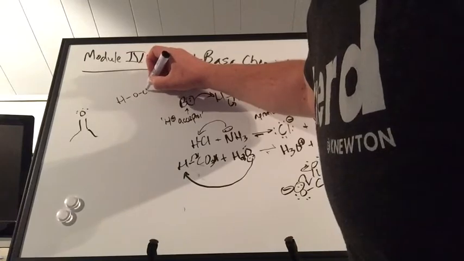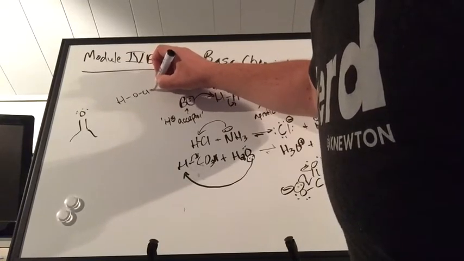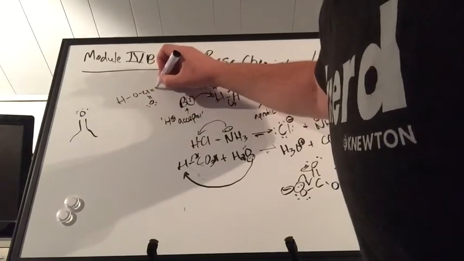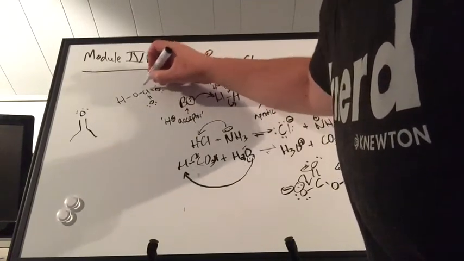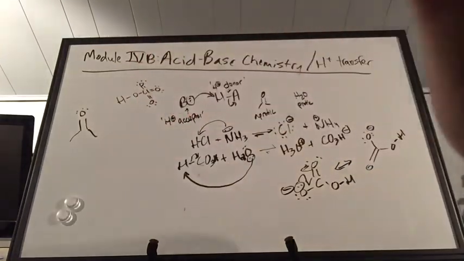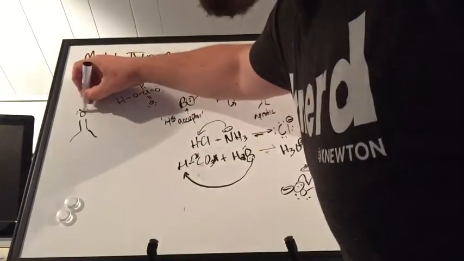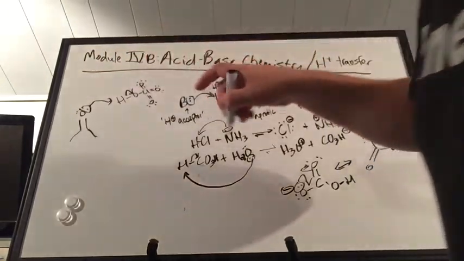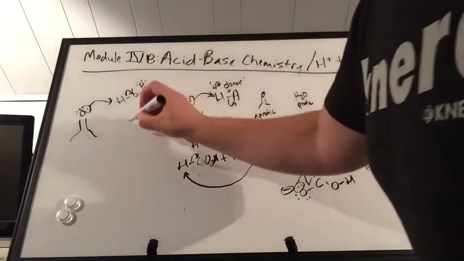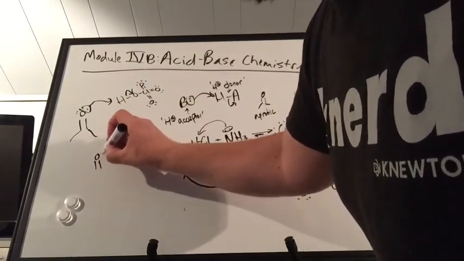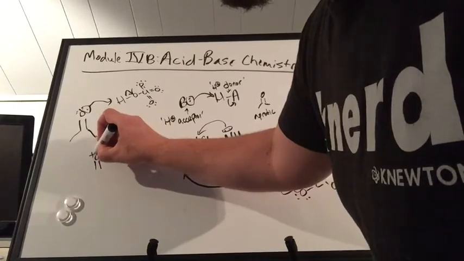But if there is enough of a strong concentration of acid around, and this is a strong acid, this is going to coordinate, and you're going to get a protonated form.